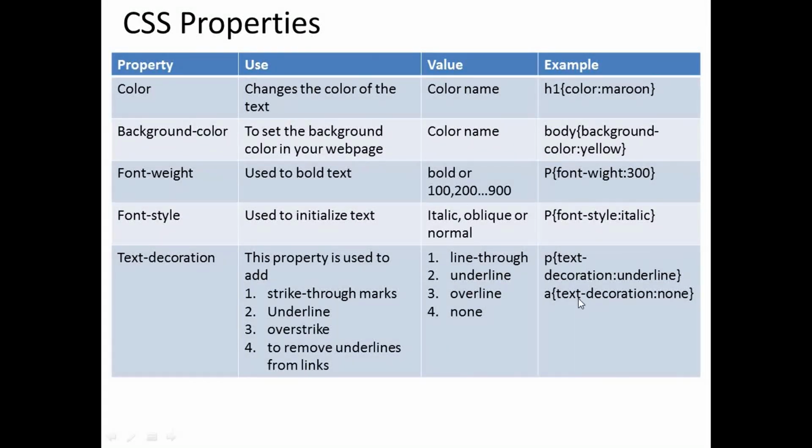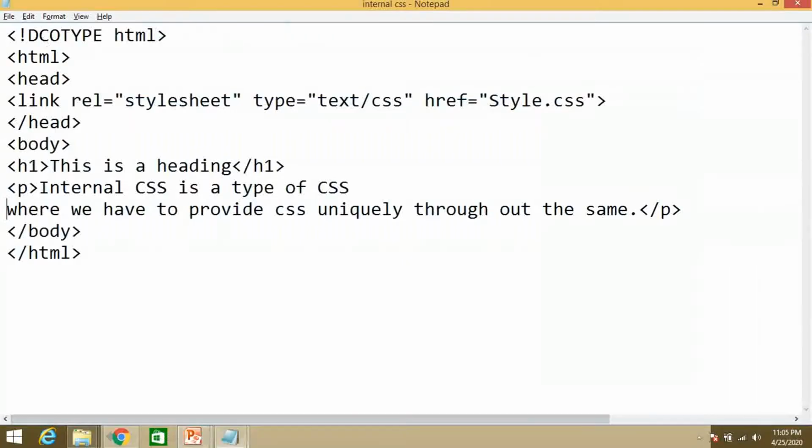For example, if you have anchor tag, okay, so there it will work. A for anchor tag. For example, suppose in here, let's see whether it is working or not. href equal to abc.html, okay, something.html.